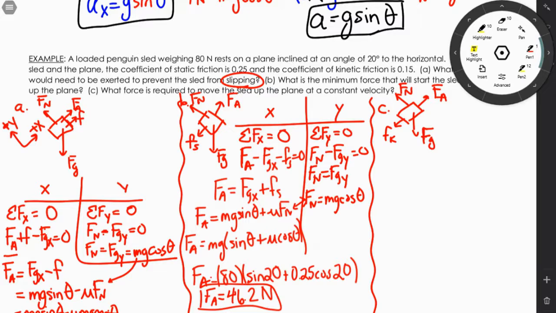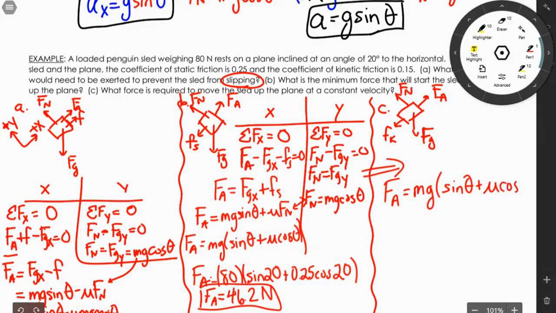Okay, so this is the amount of force I have to apply to begin moving on the incline. Now for C, guys, it's going to be the same solving and all that. The only difference is when we get to the point of plugging in, we're still going to have mg times sine theta plus mu cosine theta. It's just that now we're moving. This is now going to be kinetic friction, not static friction.